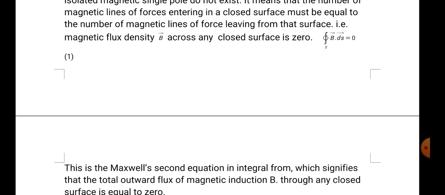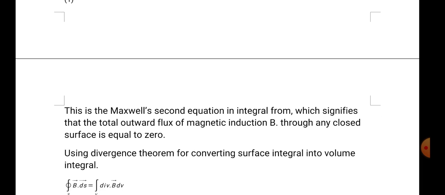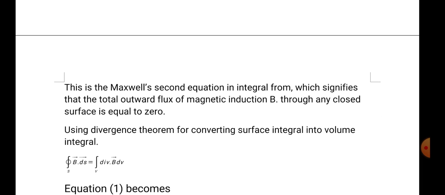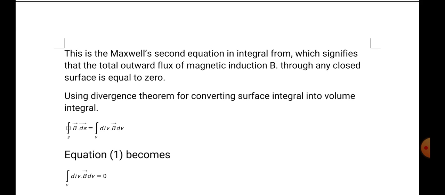In the first unit, I already discussed how to convert the surface integral into a volume integral by using the divergence theorem. The closed surface integration of B bar dot ds bar is equal to the volume integration of divergence of B dv.